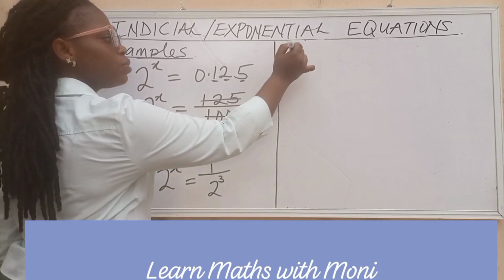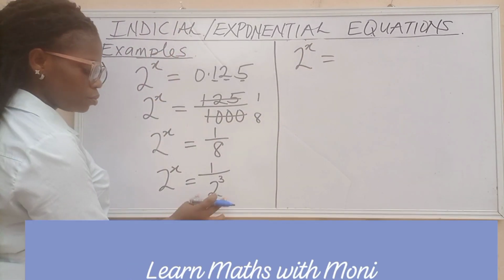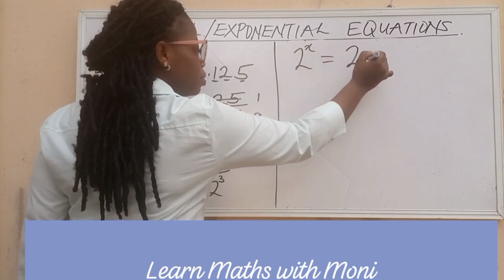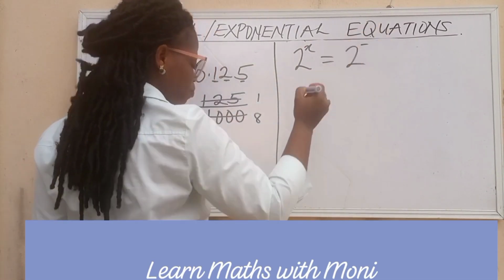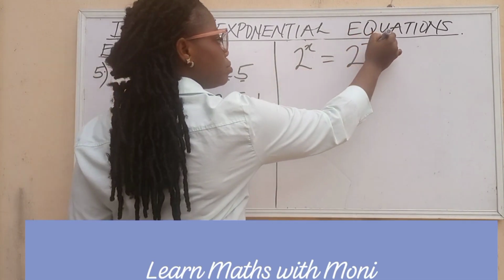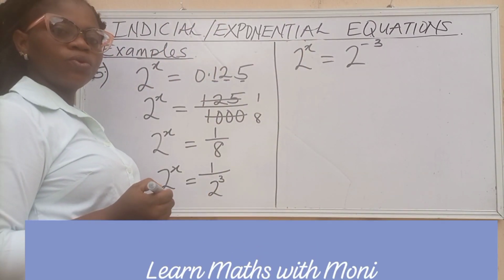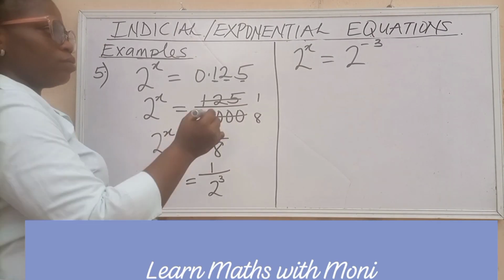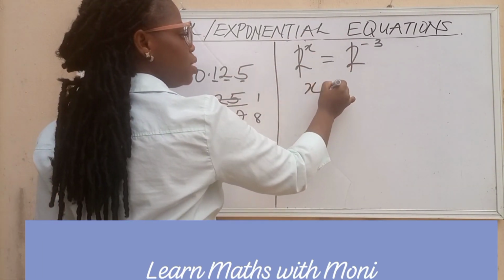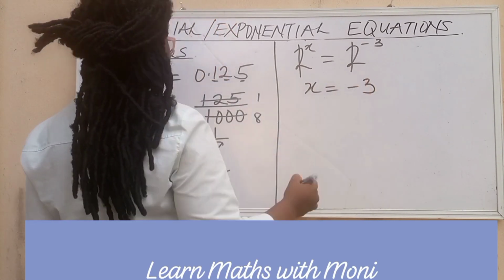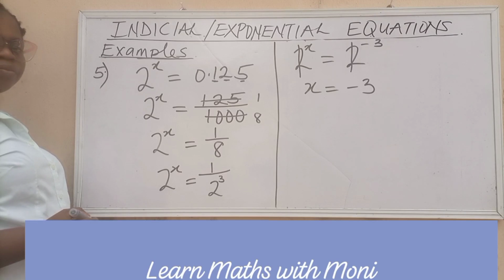So I have 2 raised to power x equals to 2 raised to power, because of the inverse, negative power of 3. Now the bases are equal, we can equate the powers. x equals to minus 3.